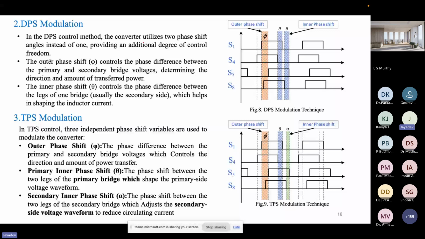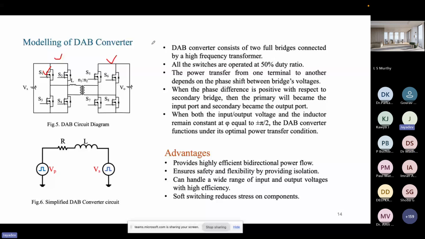The outer phase shift, same as the single phase shift, is in between the primary and secondary bridges, and the inner phase shift theta will be provided as the phase shift between the legs of one bridge. See, S1 and S3 are connected in a single leg, so S1 is complementary to S3.